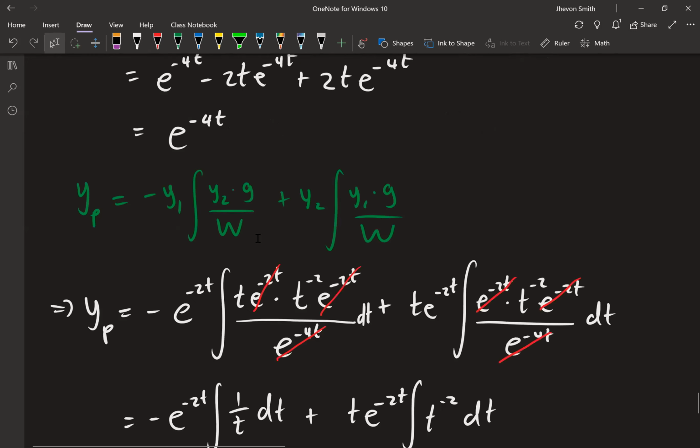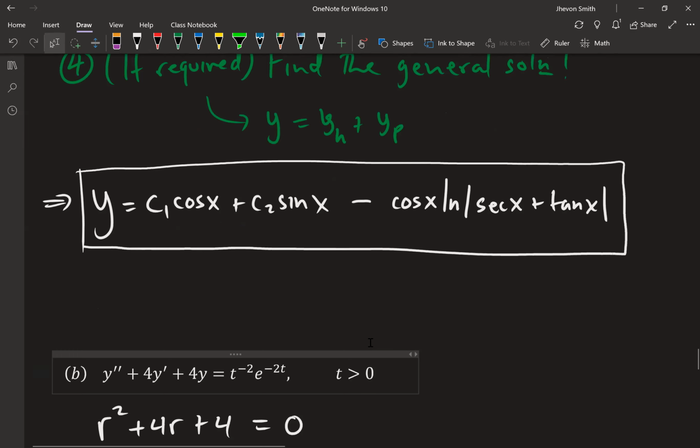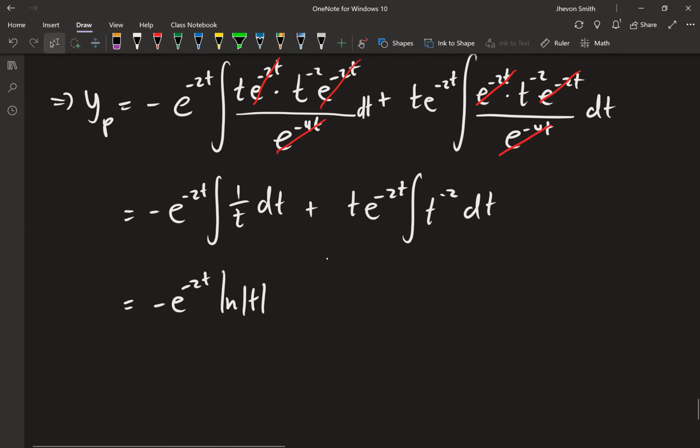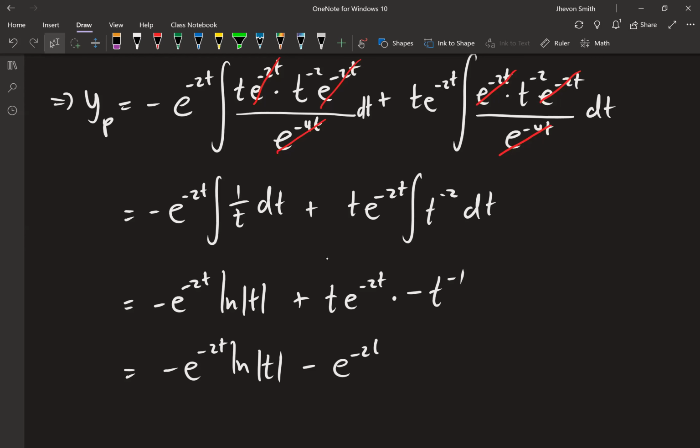In this particular case, you can forget about the absolute value because your t is positive, but let's just leave it just because of good habits. It's potentially wrong to leave it out, so let's not risk it. Here, I would just have t e to the minus 2t times the integral of this, which is going to be minus t to the minus 1. So this is minus e to the minus 2t ln, and this is minus e to the minus 2t.